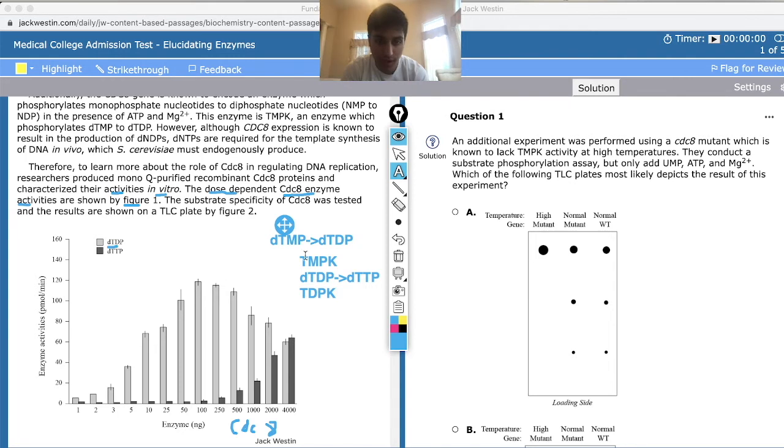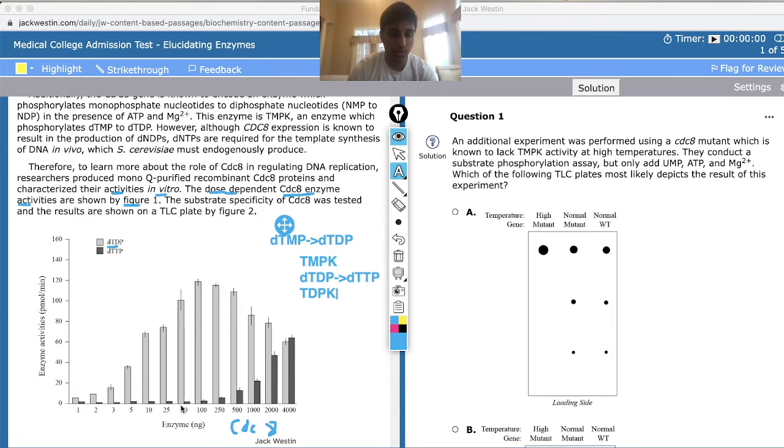Because we're phosphorylating. This stands for thymidine diphosphate kinase. So we're phosphorylating the dTDP to dTTP. Okay. So what we can see here is around 1,000 nanograms of CDC8, we start to have some TDPK activity. We start making some dTTP.